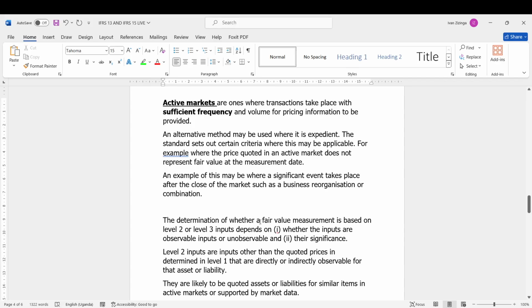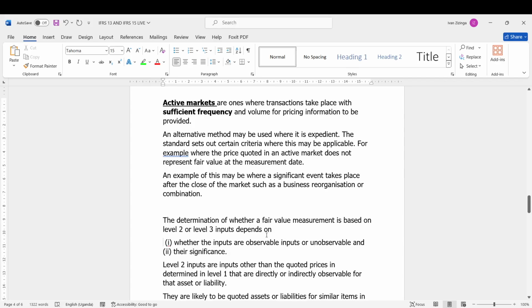The determination of whether a fair value measurement is based on level 2 or level 3 depends on: one, are the inputs observable or unobservable? And what is the significance?